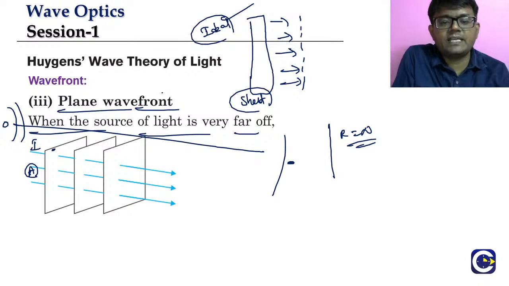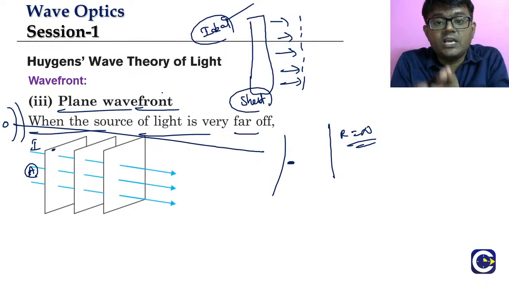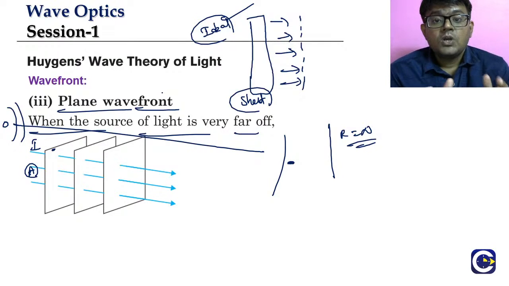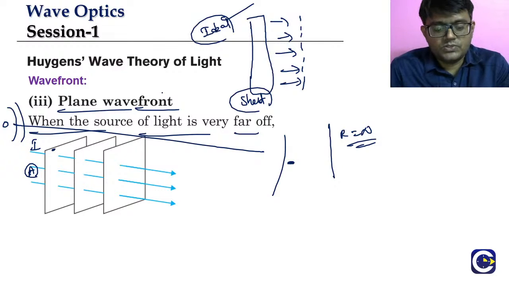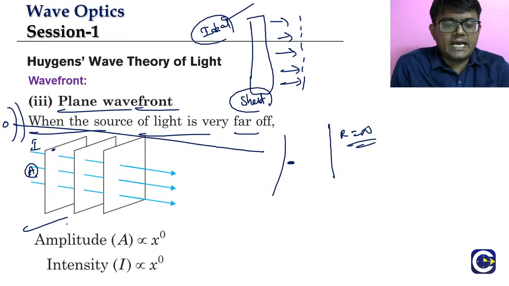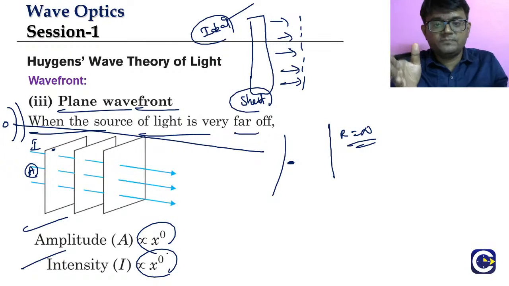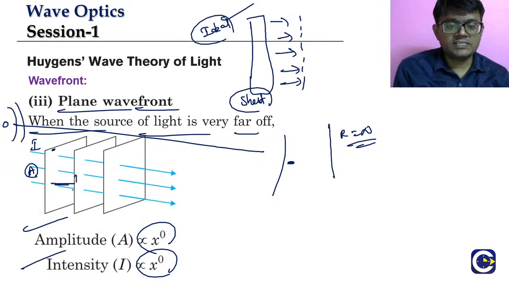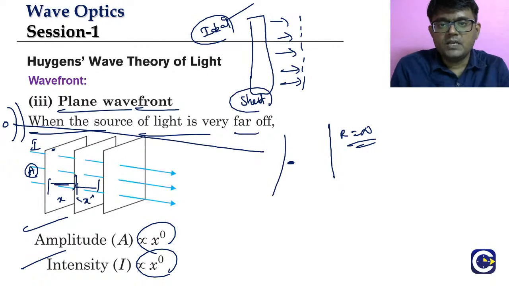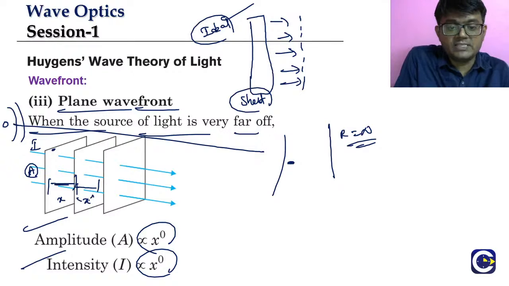In this case, the intensity or the amplitude are not going to depend upon the position of the location from the source. So the amplitude as well as the intensity will be independent of the x value, because we are already very far off. With small distance changes, we will not observe much difference in the intensity or the amplitude.